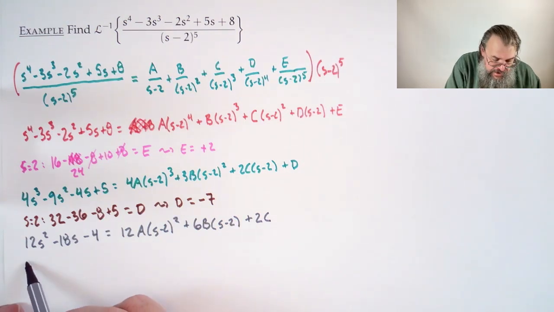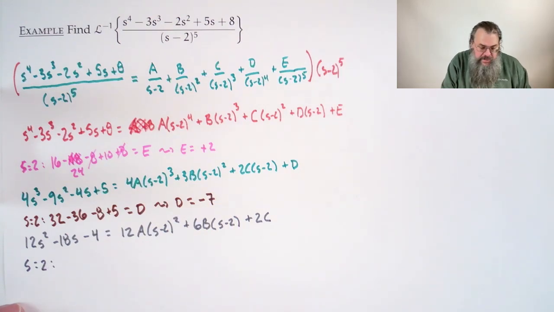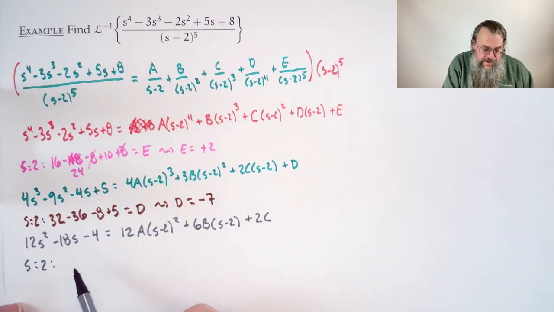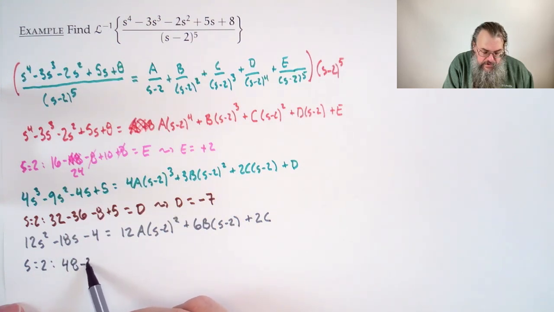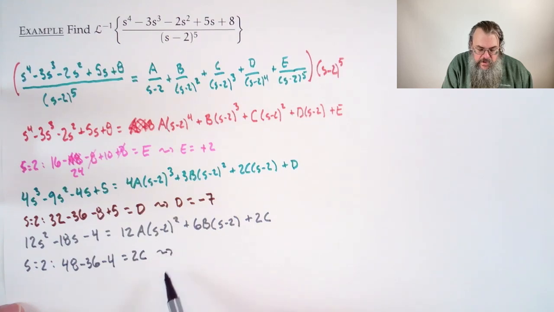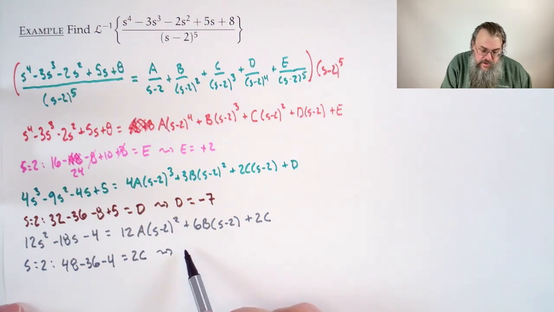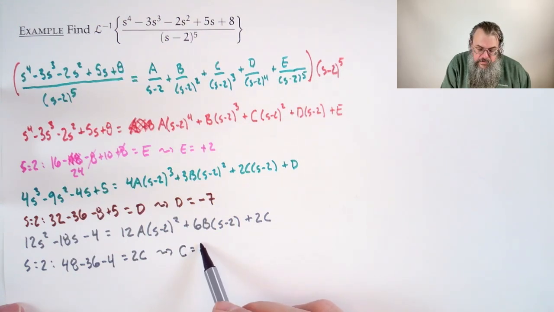And plug in s equals 2. What do we get? 12 times 4, 48. 18 times 2, 36. And minus 4 equals 0, 0, 2c. So what does that tell us? Well, 48 minus 40 is 8. 8 equals 2c, so c equals 4.